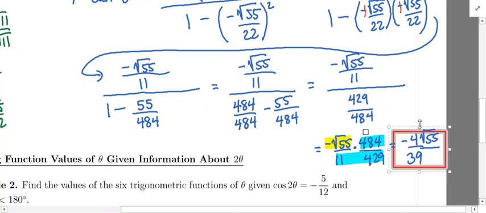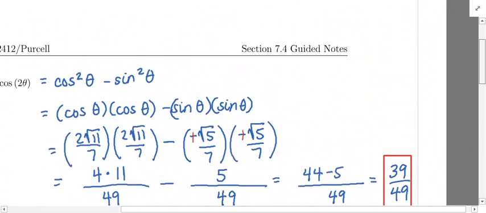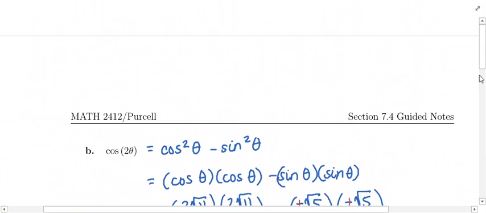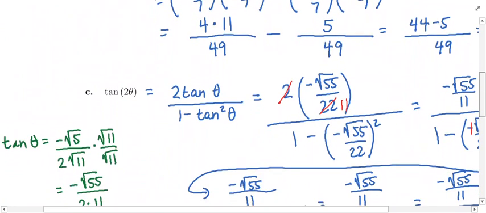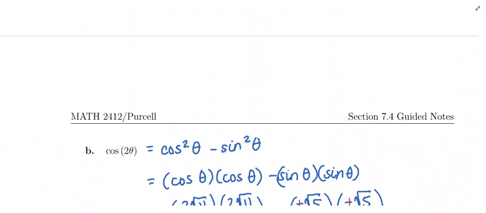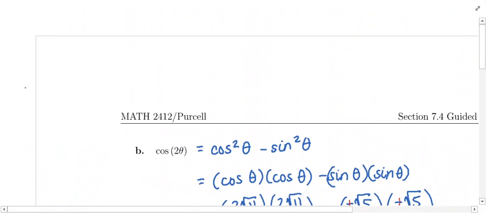I want to show you something with this particular problem in part C. This is the tangent of 2 theta. When I did this work in part B, I used a double angle formula for tangent. Here's another way you could have worked it, and it might be easier.